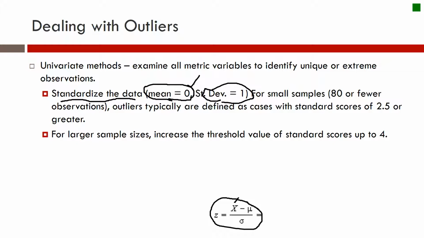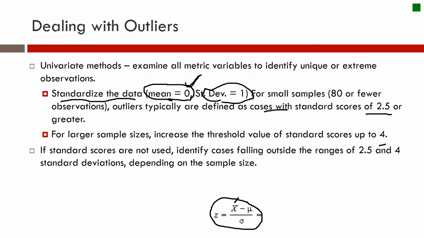So after we standardize the data, if we look at individual cases with scores between or above 2.5 and 4, depending on if it's a small or a large sample, those would be cases that we would think might be outliers. Those are really outside of the norm. The score has been standardized, so it's very far away from 0. That would be something that we would be concerned about.